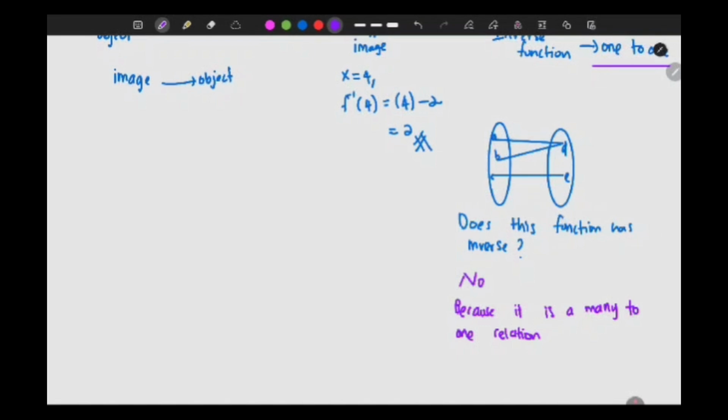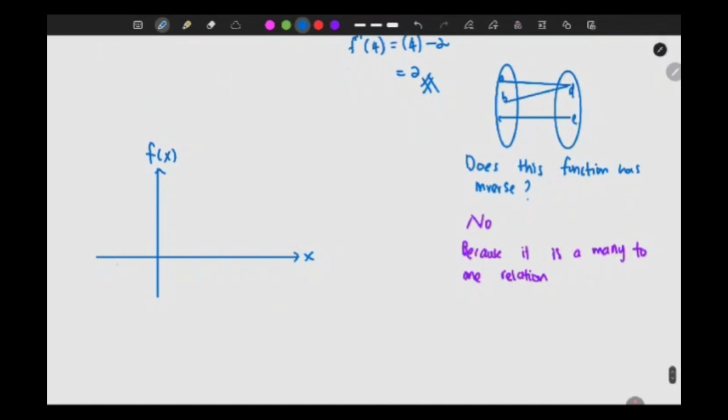Okay, this is one more thing that I should cover. And not only this, I told you one more thing, that for function, if they give you a graph, for example, I give you a cubic graph and I ask you, does this graph show a function or not? How do you find out? We will use the vertical line test, isn't it?